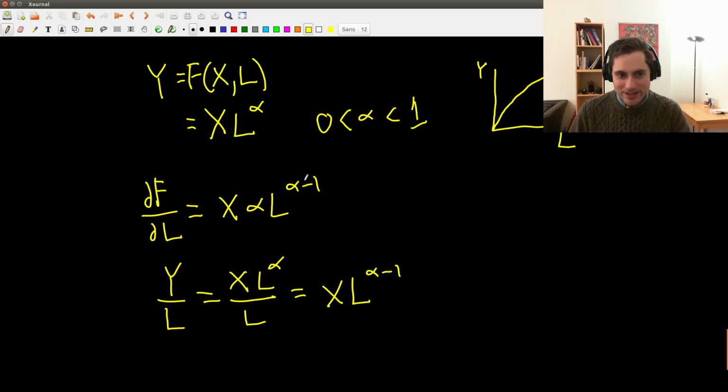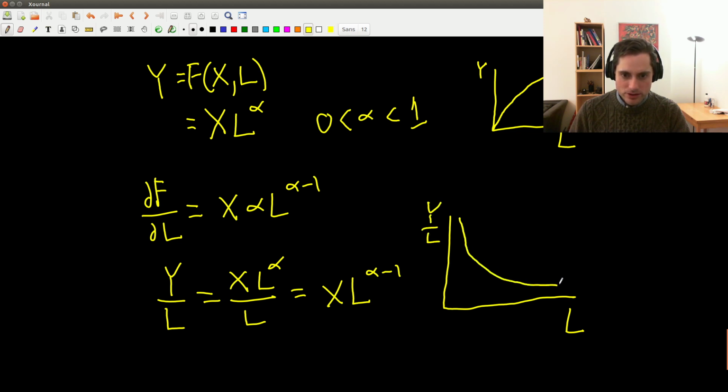Again, the exponent is negative, so L is effectively in the denominator. So y divided by L is a function that looks like that: as we get more and more labor, there's less and less output per capita.